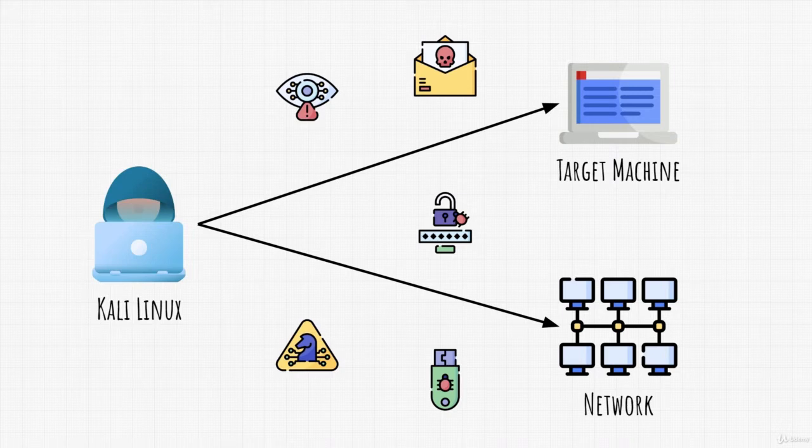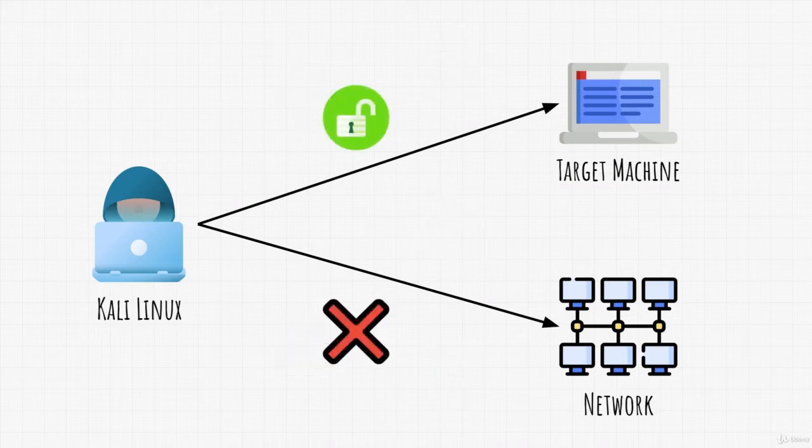The first and most important thing before we even start a penetration test on a target is to figure out: do we have permission to attack this target? This is very important since you don't want to be attacking machines or networks that you do not have permission to attack. It could be that the client told me to only test one machine on the network and not the entire network. Therefore, I'm only allowed to test that one machine.